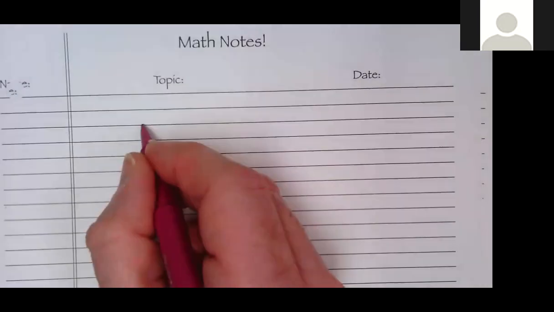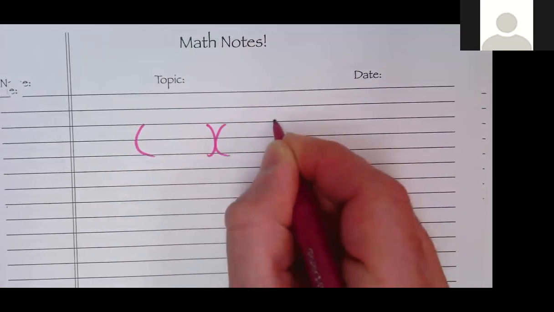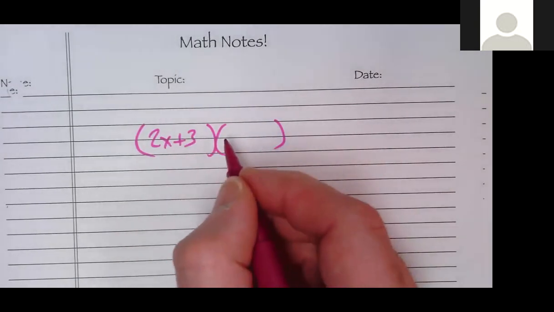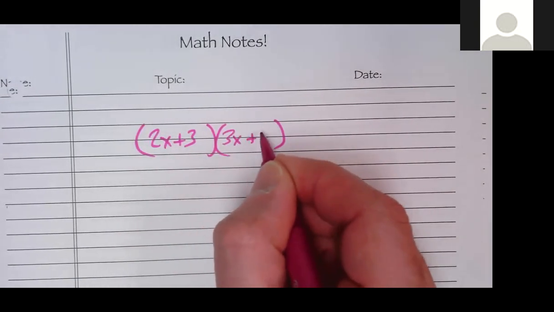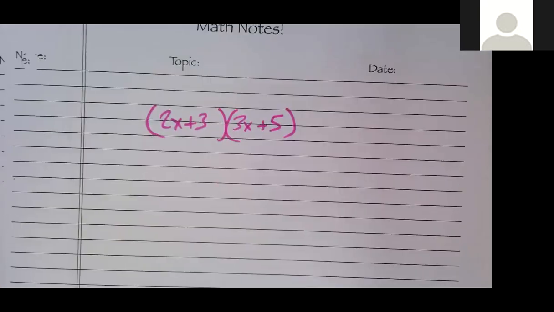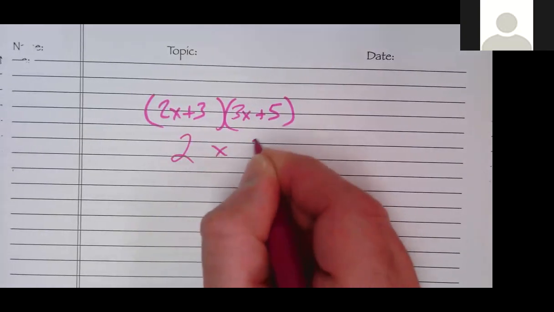Tomorrow, what we're going to do is see what happens when we multiply 2 terms by 2 terms, okay? It isn't difficult, but it takes a step a little bit further. This is a 2 by 2, right?